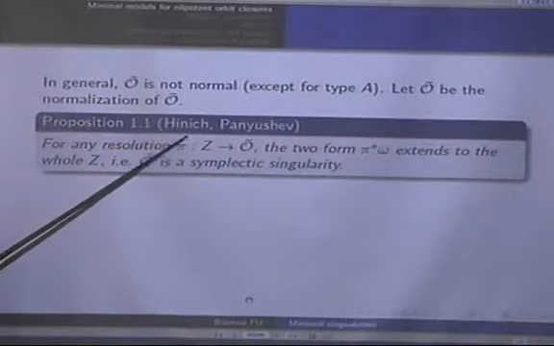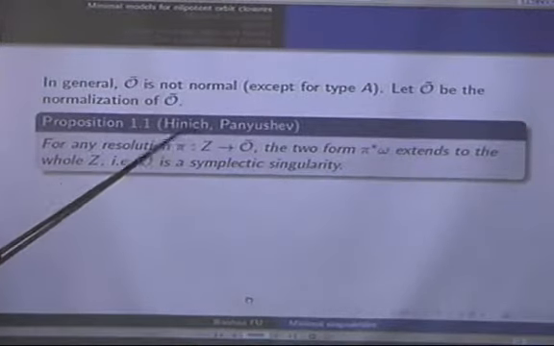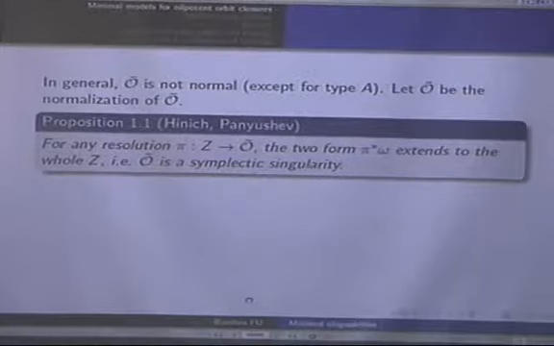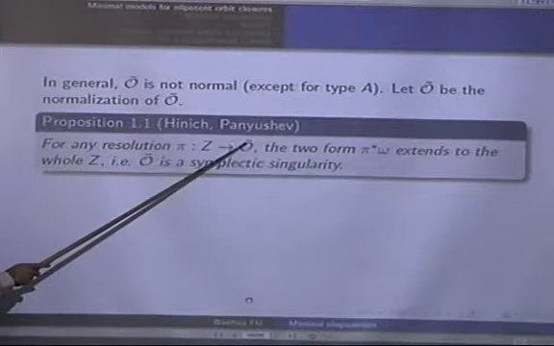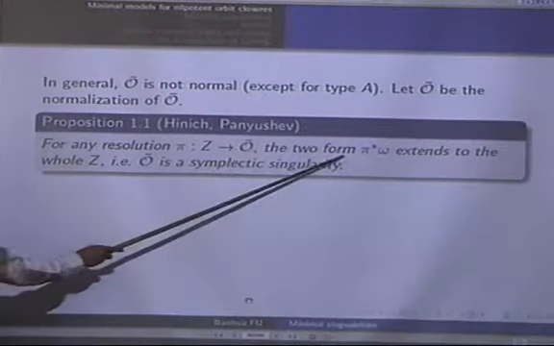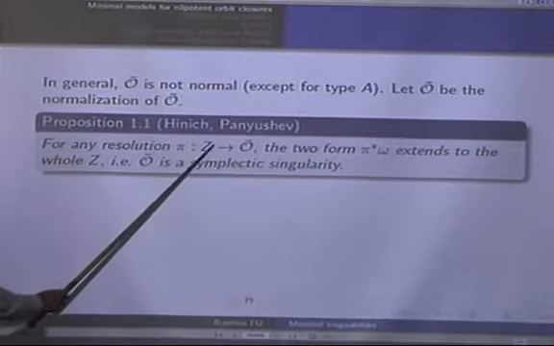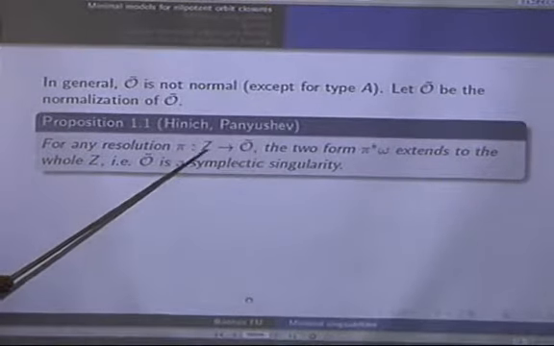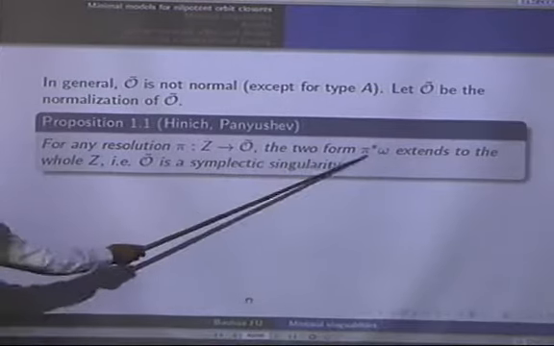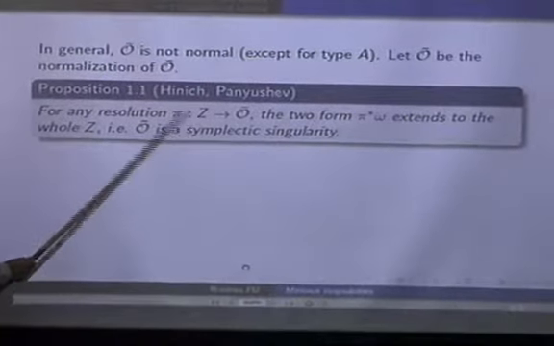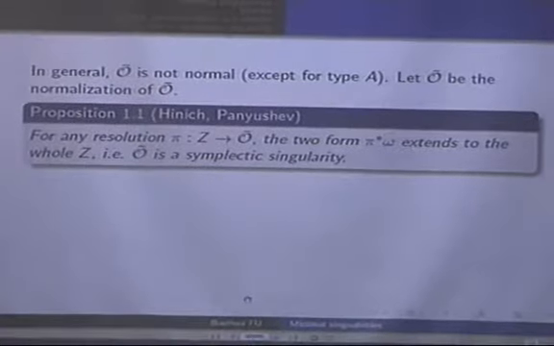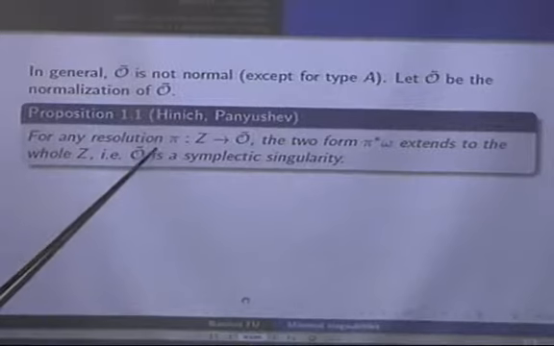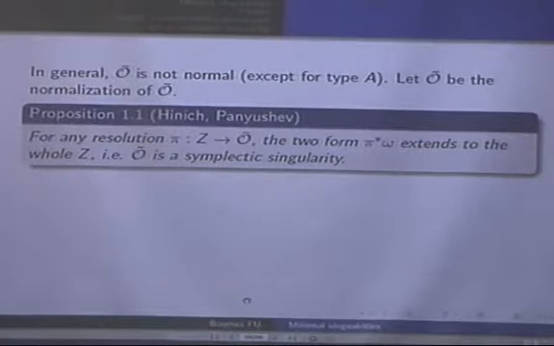And what has been shown by Panyushev and Hinich is that for any resolution, the pullback form is defined just on an open part of Z. But what they showed is that this lifted form on the open part can always be extended to a form on Z. In other words, this shows that the normalization is a symplectic singularity.